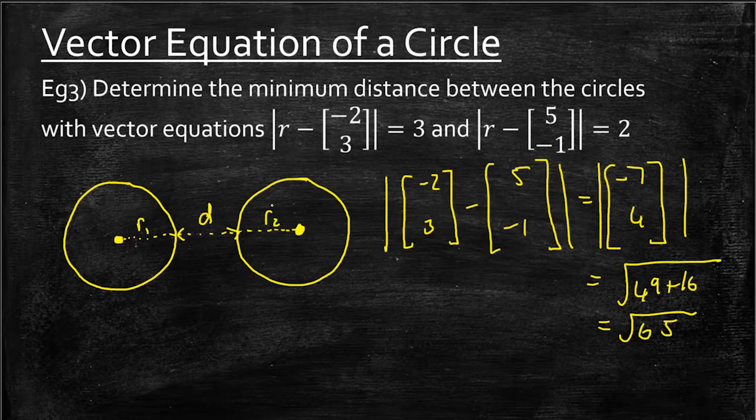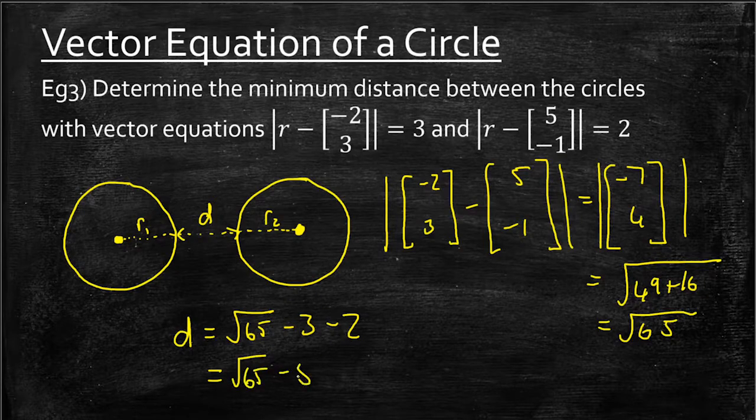We know what R1 and R2 are. So the distance between the circles is going to be that root 65, take away the radius of the first circle, take away the radius of the second circle. And that's going to give you some root 65, take away 5 as an exact value there. You can type that into the calculator and get the decimal values if you wish.